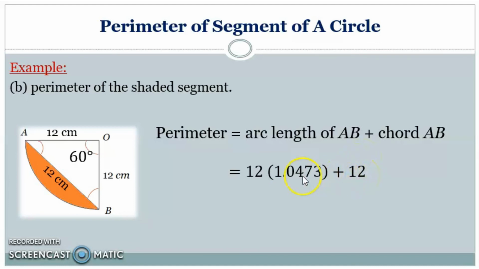By adding both values together, the perimeter is equal to 24.5676 centimeter, or you can give your answer in 4 significant figures as 24.57 centimeter.